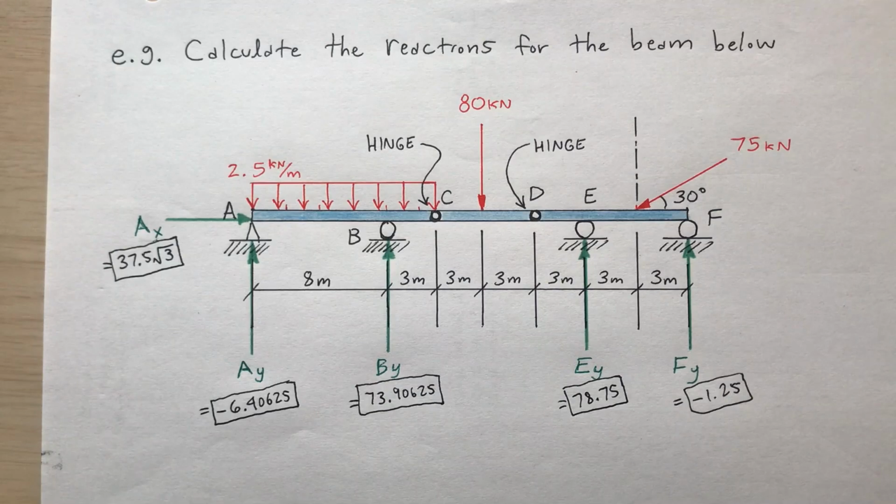I analyzed it as 3 separate parts, but now I can consider the structure as a whole. Now that I know what all the reactions are, I can consider it a whole and analyze the equilibrium, or I should say verify the equilibrium of the complete structure. So I challenge you to do that to check your work. Check the equilibrium of the entire structure.